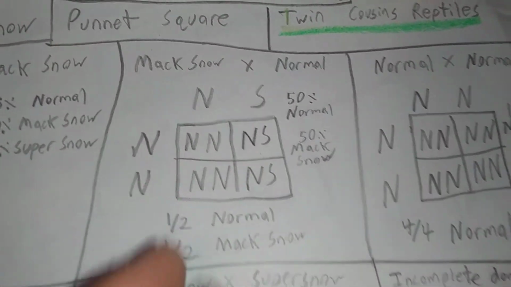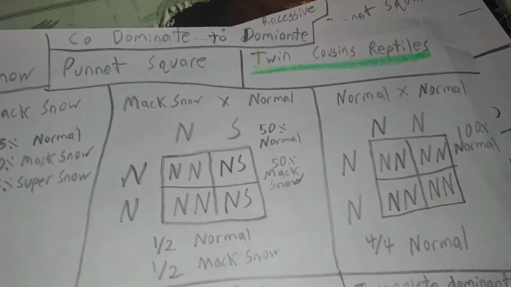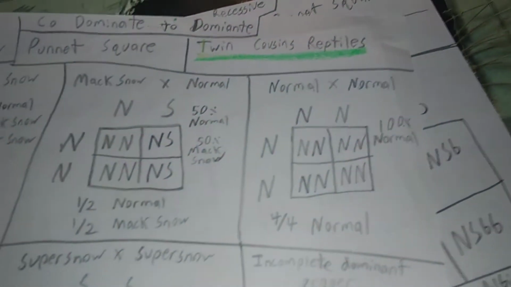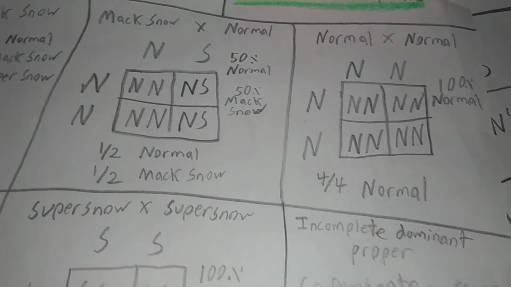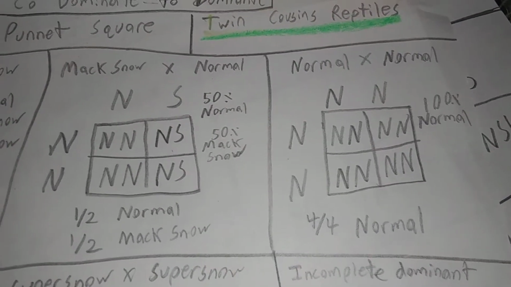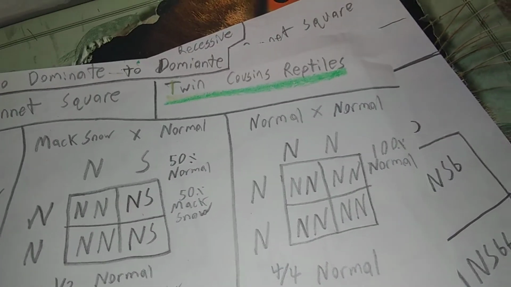Since one animal has that snow gene, at least half the animals, if crossed to a normal, are going to have that Mack Snow gene. As I said, it's all probability, you could definitely breed a female and get eight normals in a row.